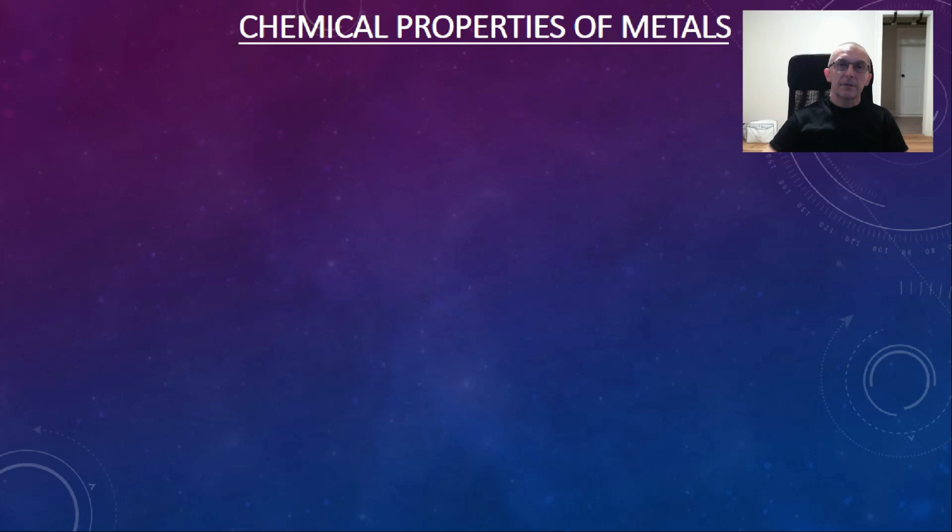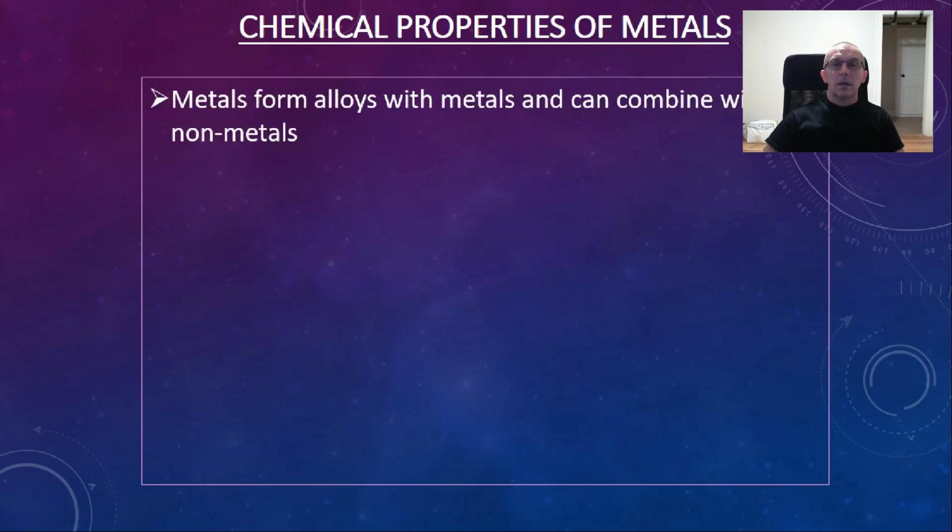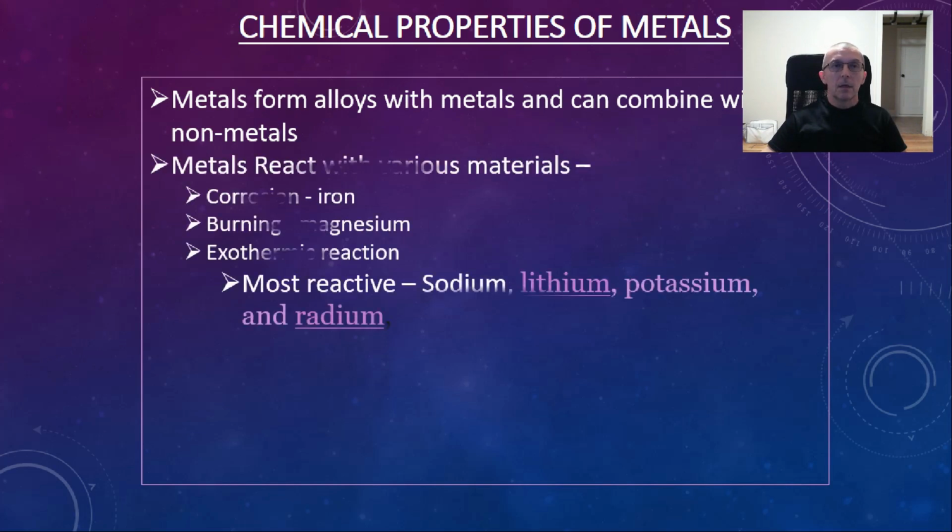Chemical properties of metals. Metals can form alloys with other metals, and they can combine with other elements as well. Metals react with various materials depending on their atomic structure and depending on the reactivity of that particular metal.